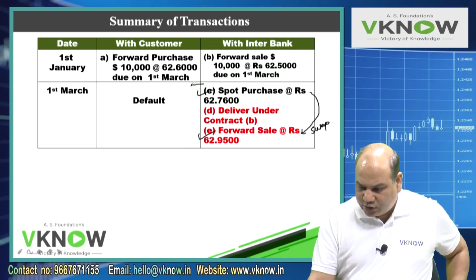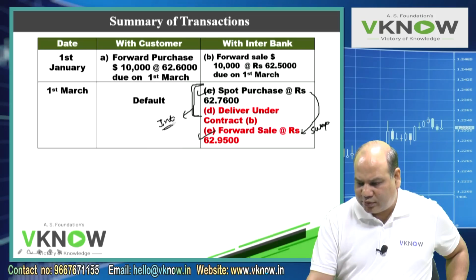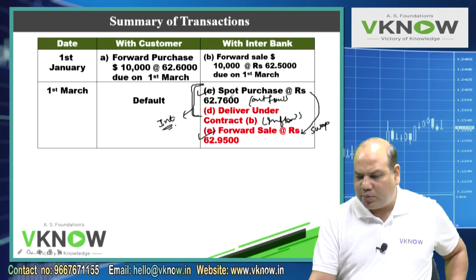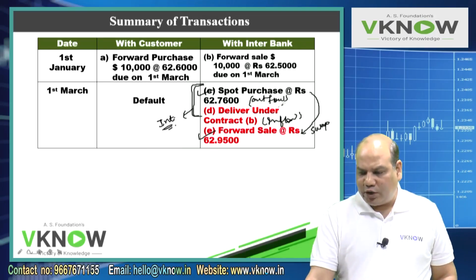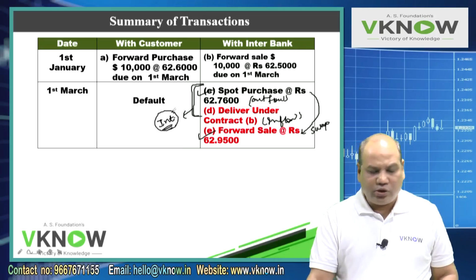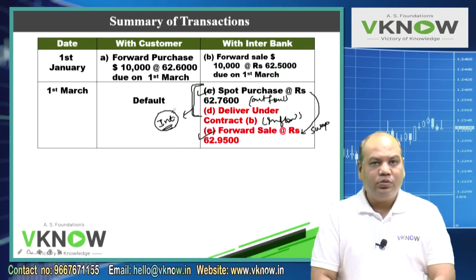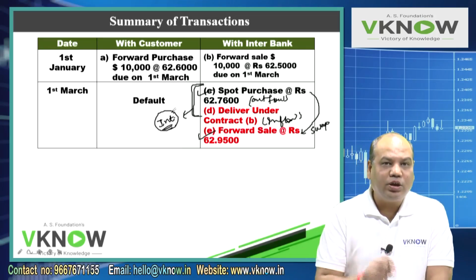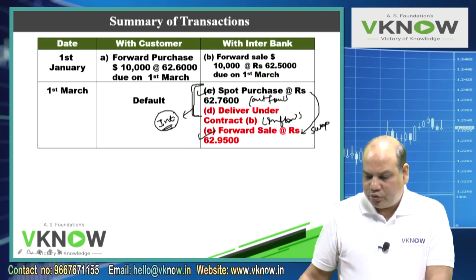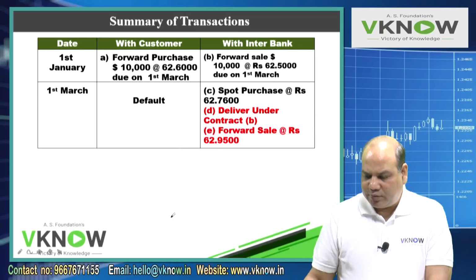And the difference between C and D is going to help you to calculate the interest, because spot purchase means outflow of rupees and sale under the forward contract means inflow of rupees. So the difference results in some net cash flow, and if it is an outflow, the bank is going to charge 12% interest. If it is an inflow, interest will not be paid to the customer, right? So that is what I wanted to explain.